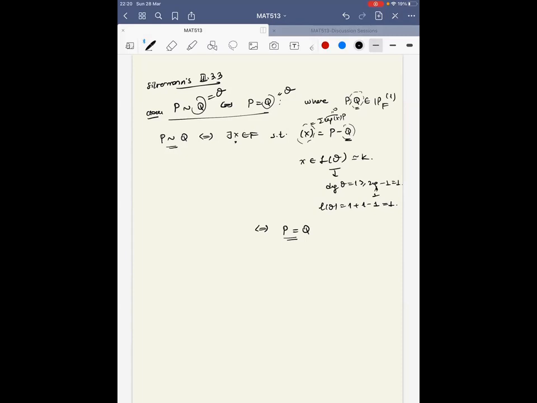So by this observation, we can say that if we consider two distinct rational places, they cannot be equivalent, and P minus Q is not principal.